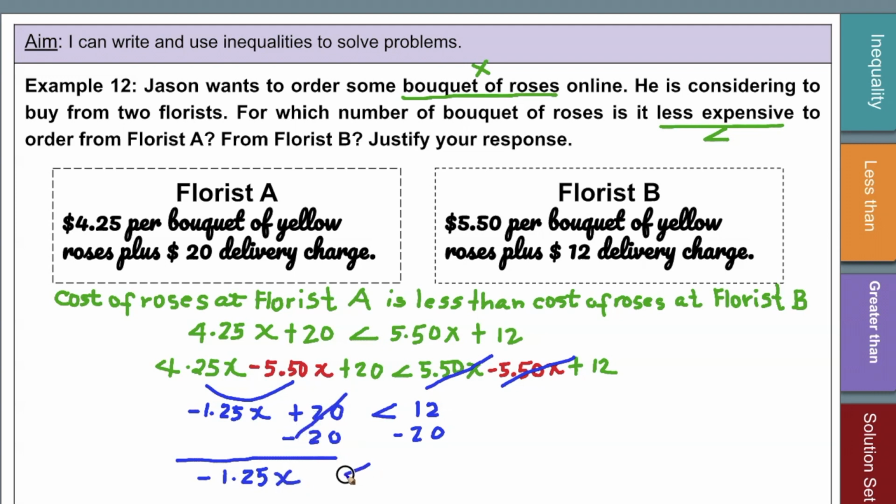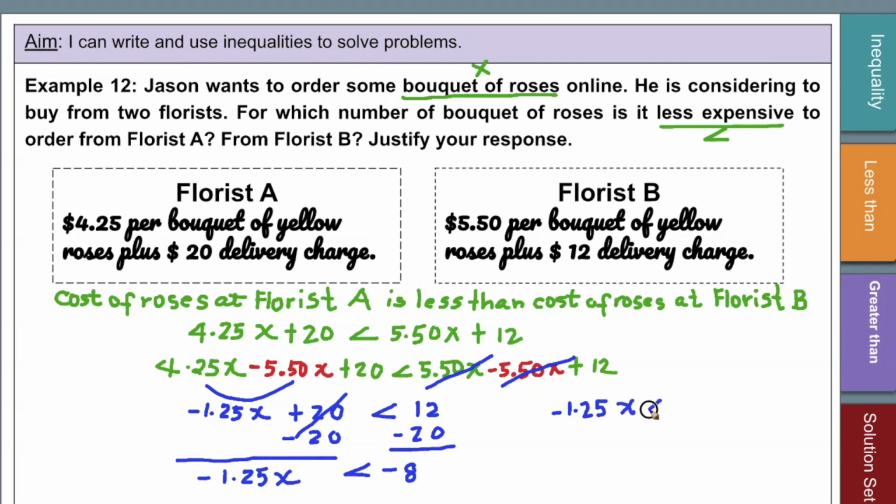We're keeping the same order, the sense of inequality, because we are just subtracting the same number from both sides of the inequality. So subtract 20 from both sides. That would give us negative 1.25x less than negative 8.